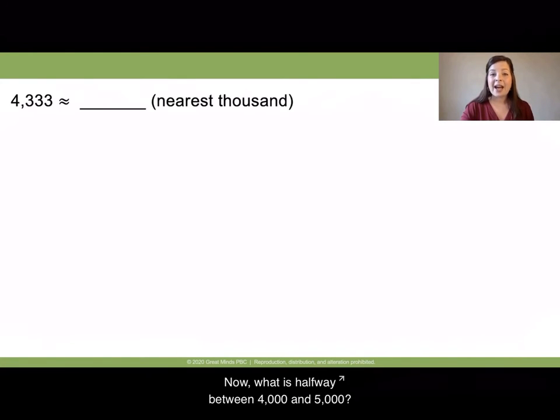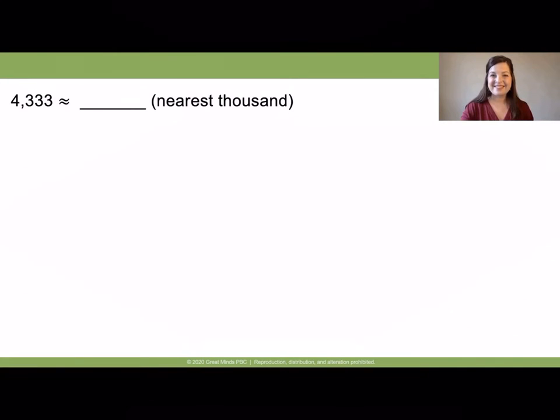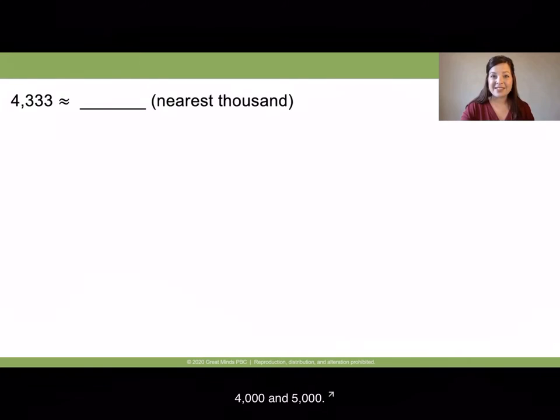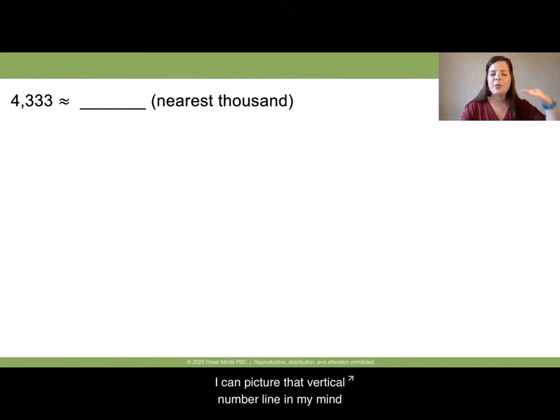Now, what is halfway between 4,000 and 5,000? 4,500 is halfway between 4,000 and 5,000. I can picture that vertical number line in my mind with 4,500 written halfway.